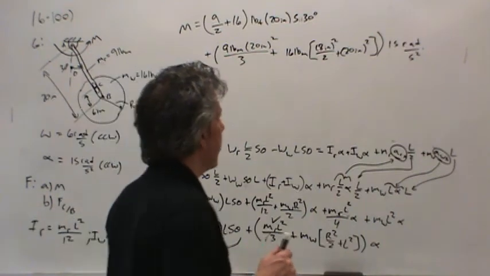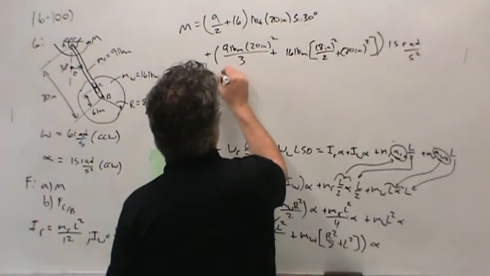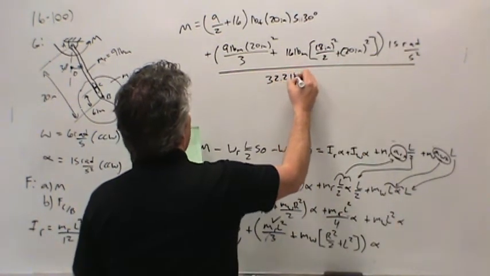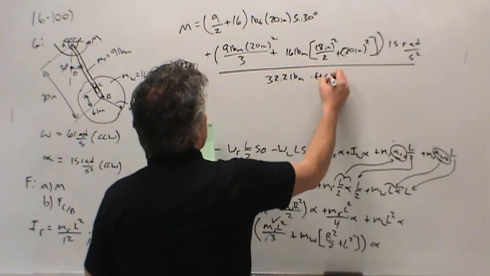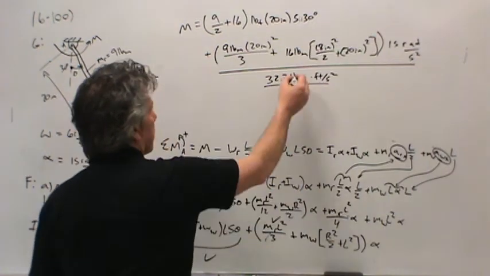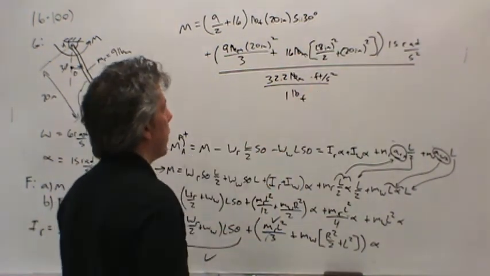That you can do. So that's what I'm going to do here. As a matter of fact, since I'm out of space, I'm going to divide this whole term by 32.2 pound mass foot per second squared per 1 pound force. You see, the pounds mass go away, but I'm converting to pounds force per foot per second squared.